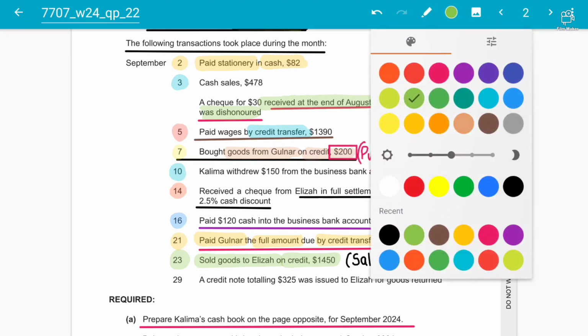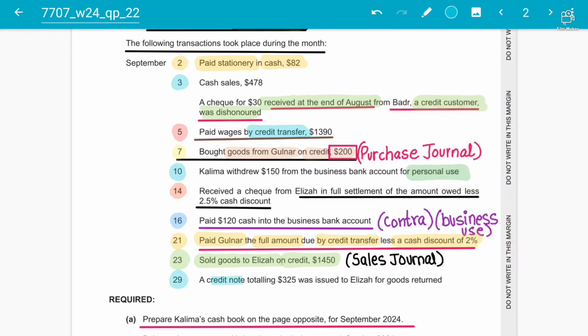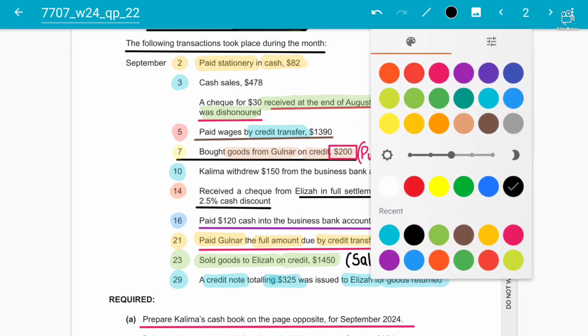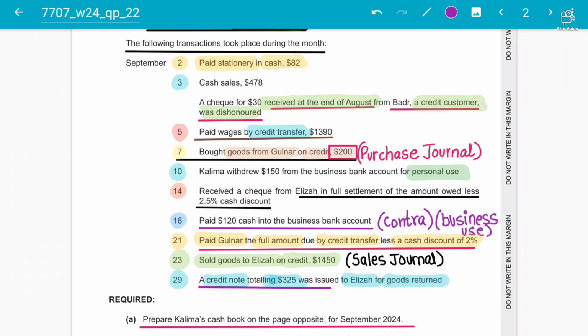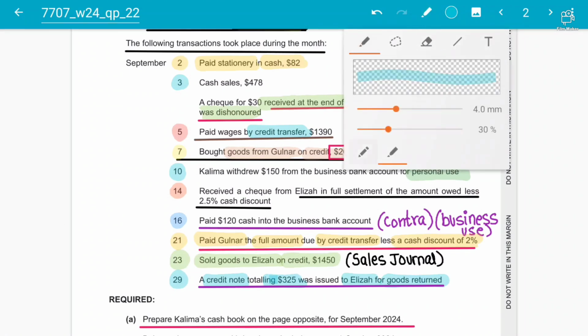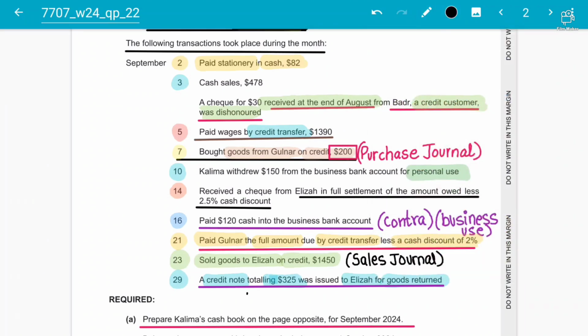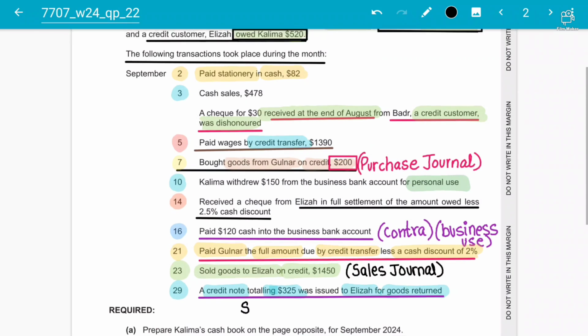Similarly, on September 29th, a credit note totaling $325 was issued to Alize for goods returned. This also means that Alize, the customer, is returning some goods to us. So when the customer returns the goods to Kalima, it will be a sales return journal.